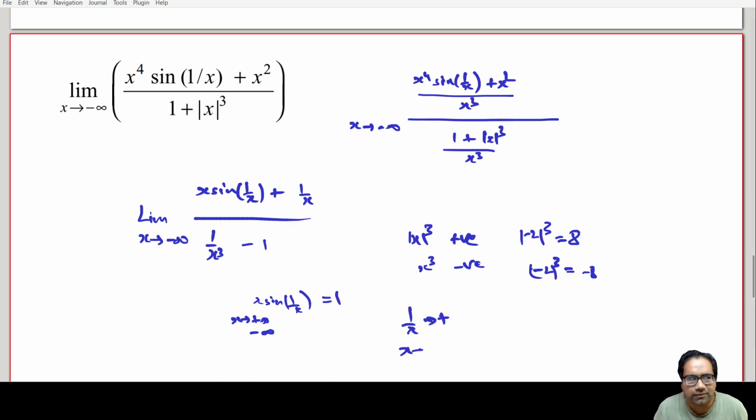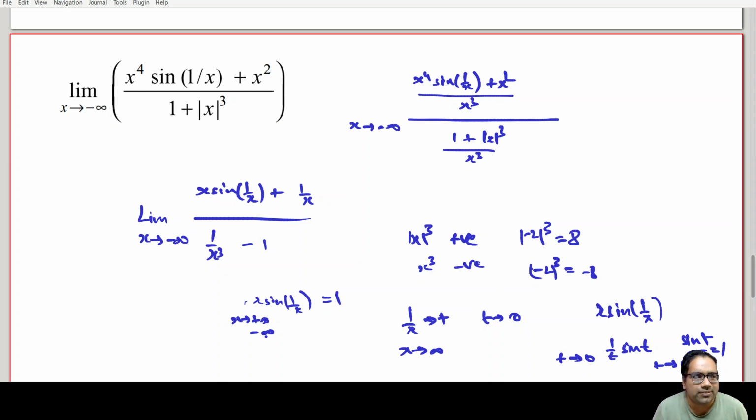When x tends to infinity, t tends to 0. So x sin(1/x) becomes 1 by t times sin of, what is 1 by x, t, and t tends to 0. This becomes sin t by t when t tends to 0, which is equal to 1. This limit is equal to 1.